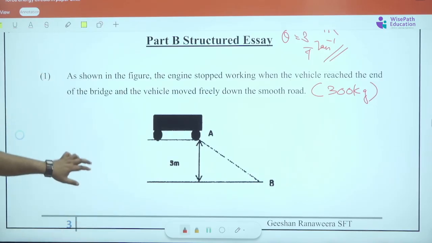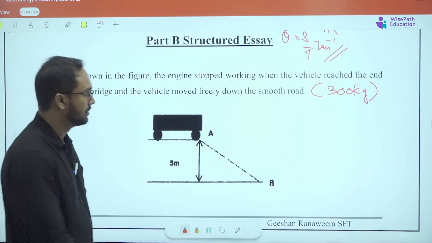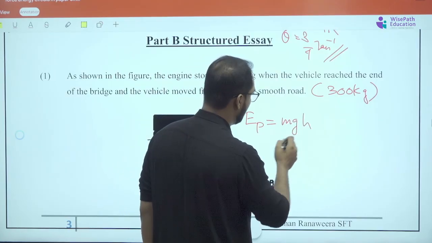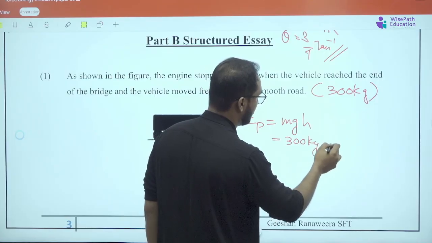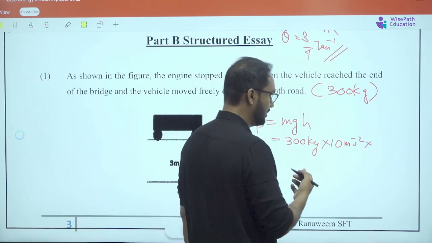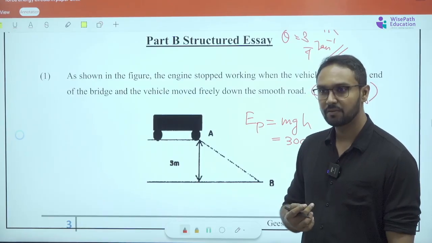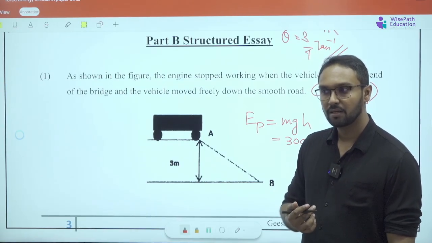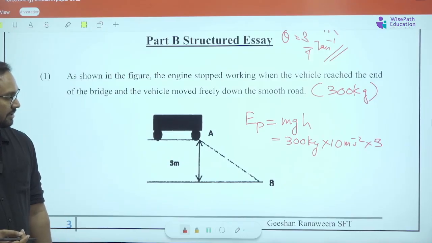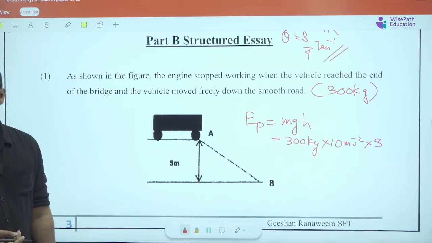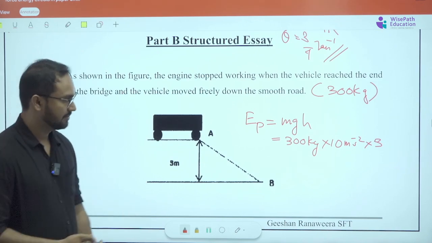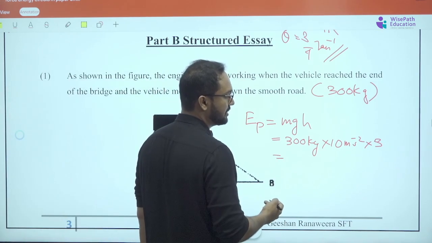So the potential energy EP is equal to mgh, and the mass is 300 kilograms. g is 10 m s^-2, and the height is 5 times 3. 5 into 3 is how much? 15.